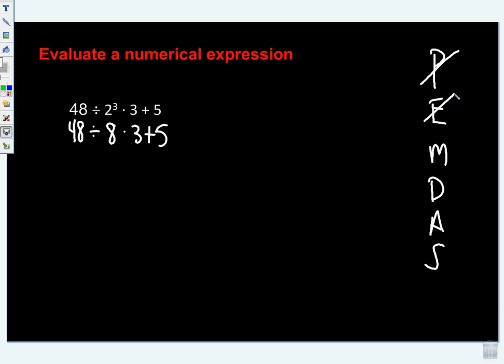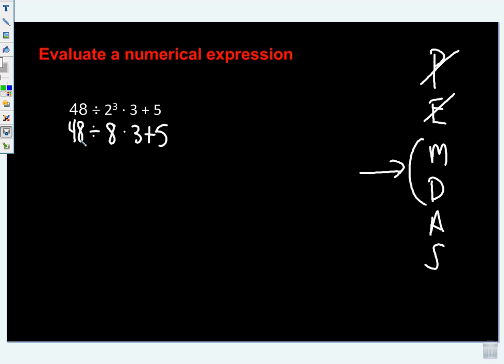Moving along to, don't forget, multiplication and division from left to right. Here's where it's really easy to make a mistake. If you believe that multiplication comes before division, you might want to multiply 8 times 3 first. However, we have to remember that multiplication and division are showing up in here, and we want to evaluate all of that from left to right.